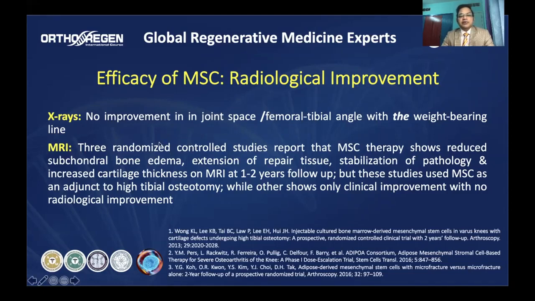The same goes for the MRI. Many studies have shown that on MRI, it modulates the cartilage. So edema may be less, the volume may be more, the density may be better, and these results are seen when you repeat the MRI at 1 year or 2 years.